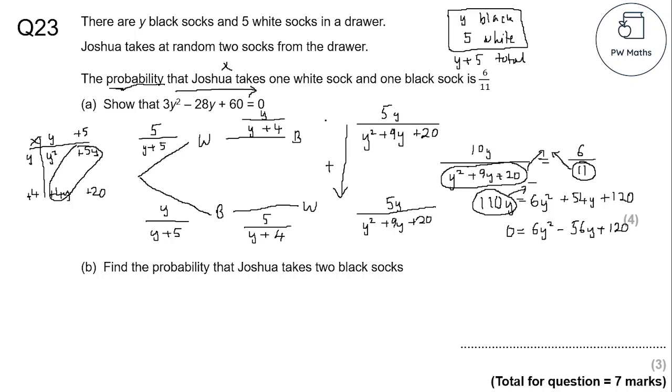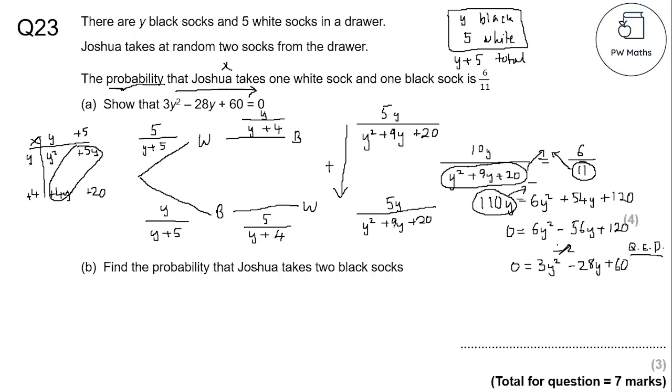Which is a bit awkward until we realise, hang on, that's just half of this. So if I divide the left hand side by 2 and the right hand side by 2, we get 0 equals 3y squared minus 28y, half of 56, plus 60. That's quite easily done. Which stands for quod erat demonstrandum, whenever you've proved something.